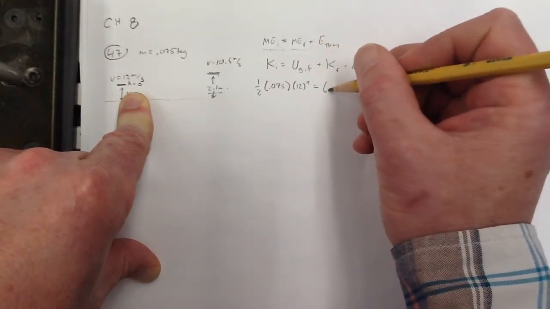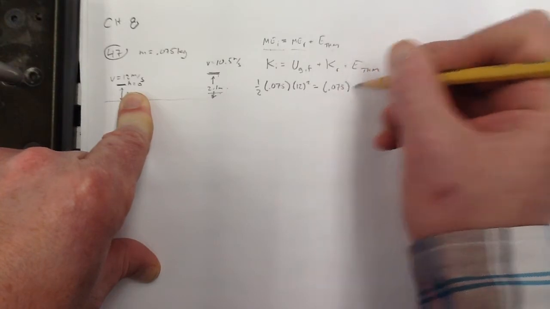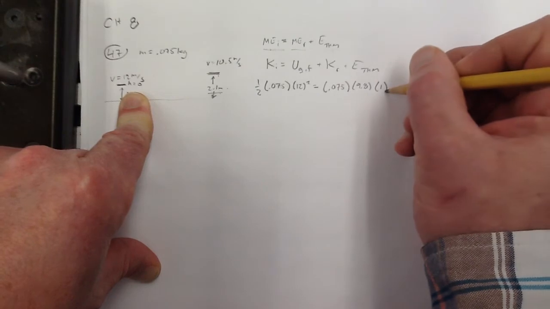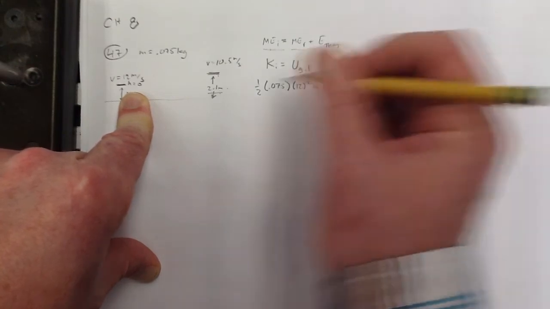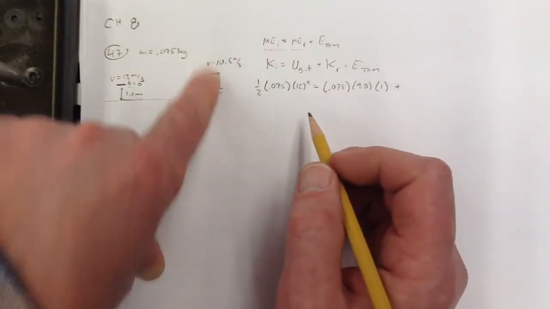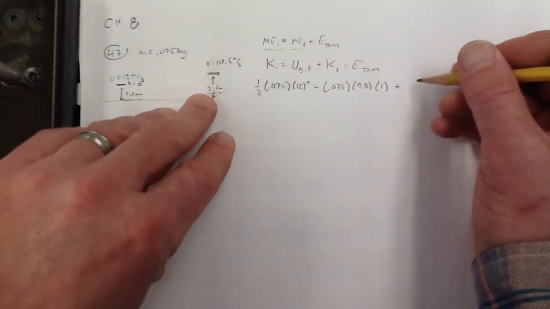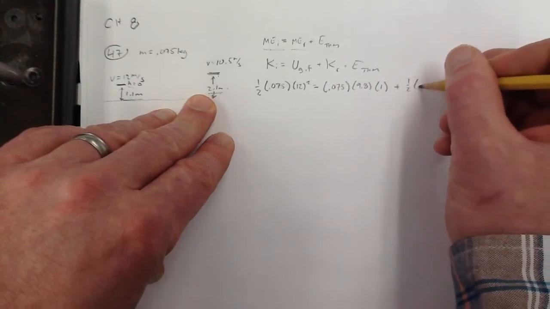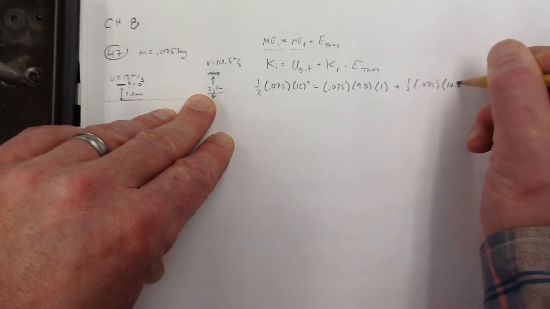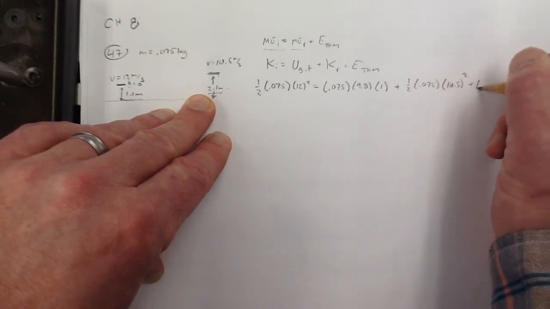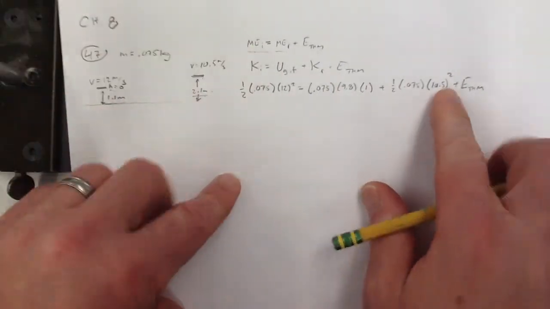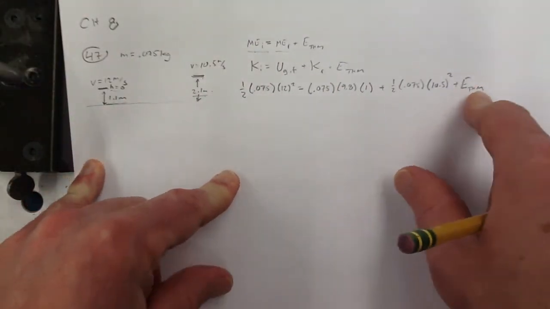It's mgh, and the h is 1 because if I make this height 0, then this is going to be 1 higher than that. And that thermal energy term there, that's the only thing that I don't know.